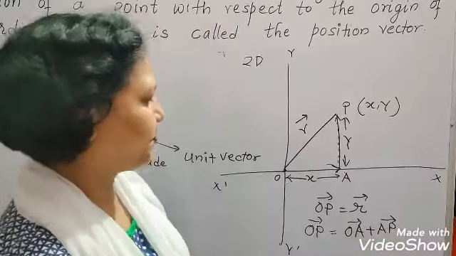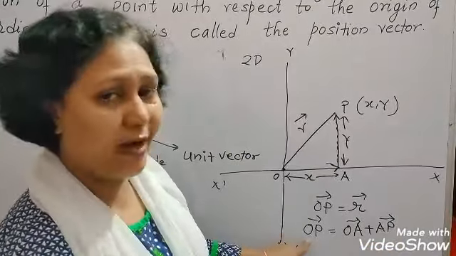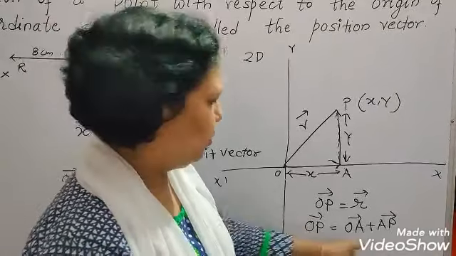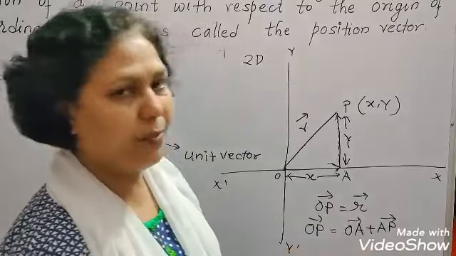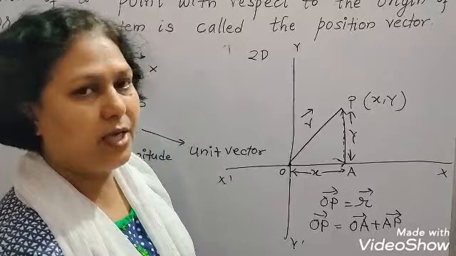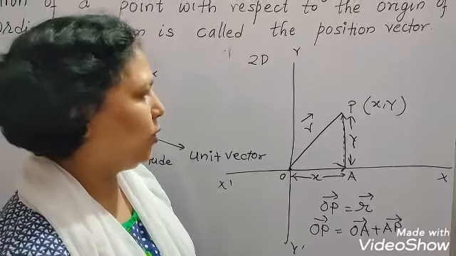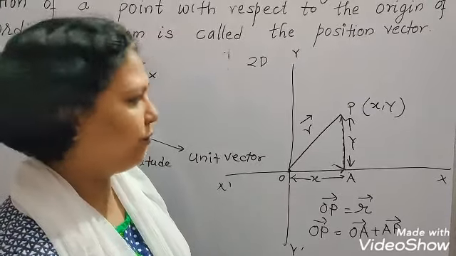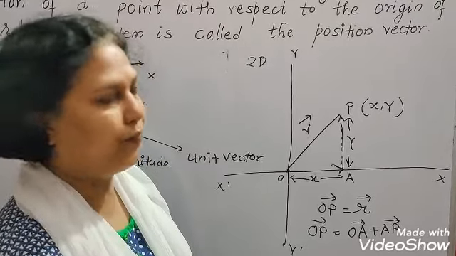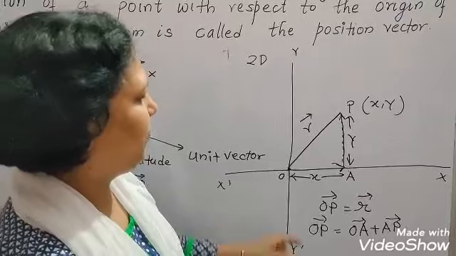This is the vector sum of these vectors. It is not the algebraic sum here. We call this the triangular rule for the addition of vectors, and in detail we will learn it in the next topic. Next video we will see it.